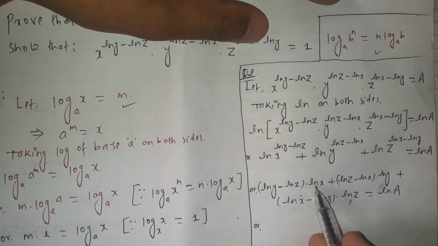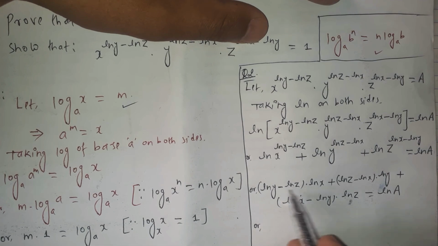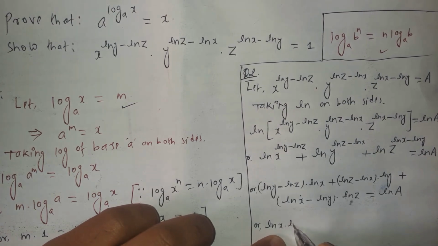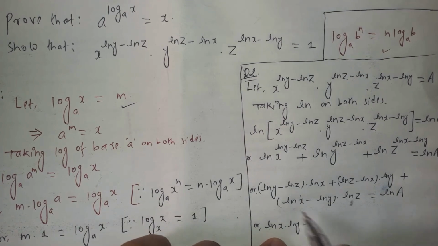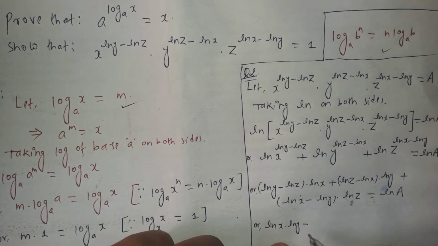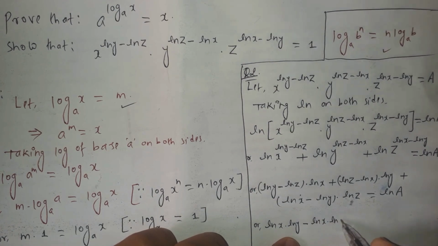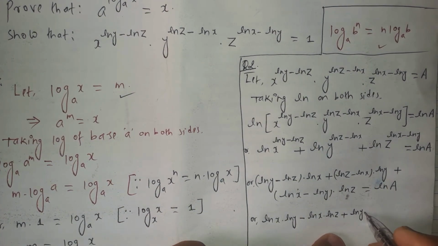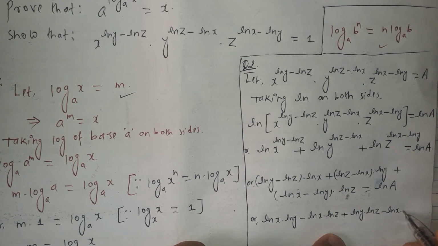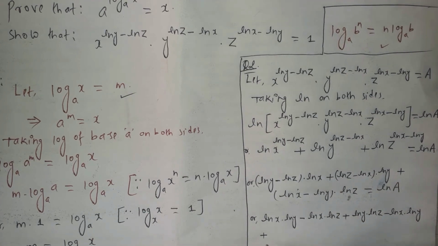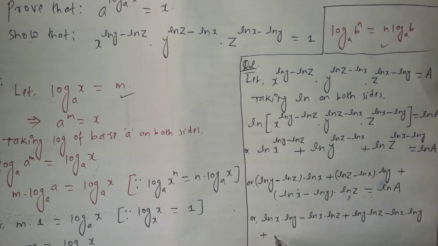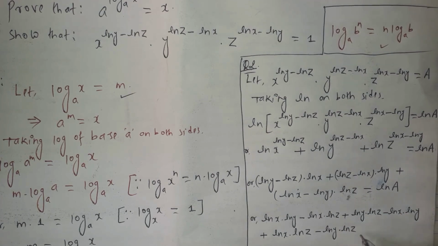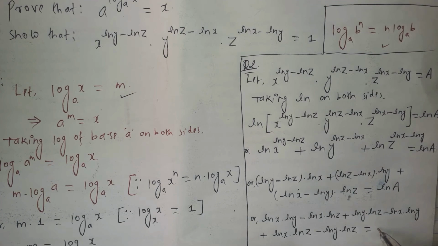Now distributing this ln x over the two terms, we get ln x times ln y minus ln x times ln z, plus, the same case, ln y times ln z minus ln x times ln y, plus, the same on the third term, ln x times ln z minus ln y times ln z, and the right-hand side is ln a.